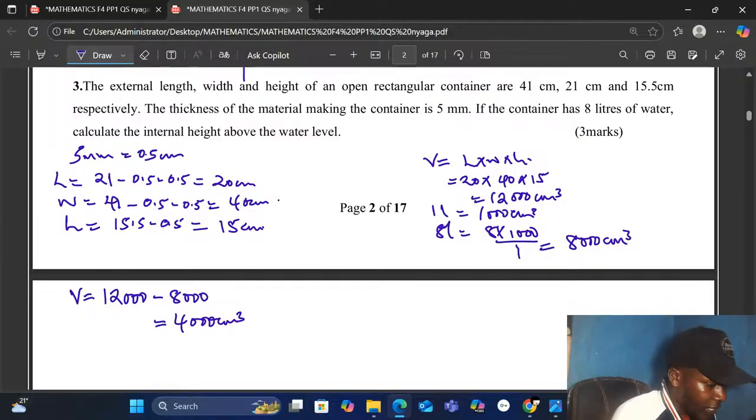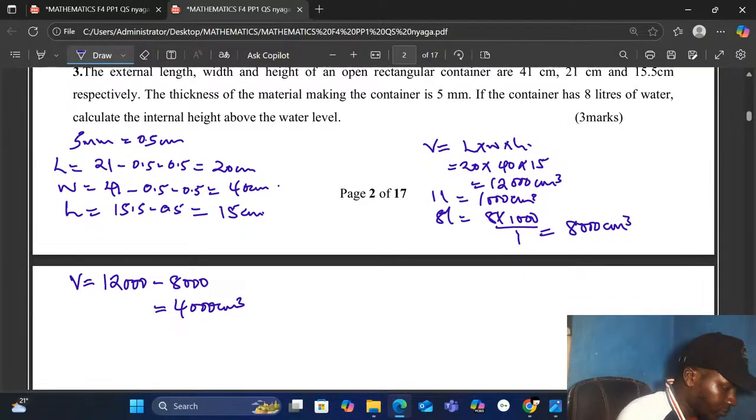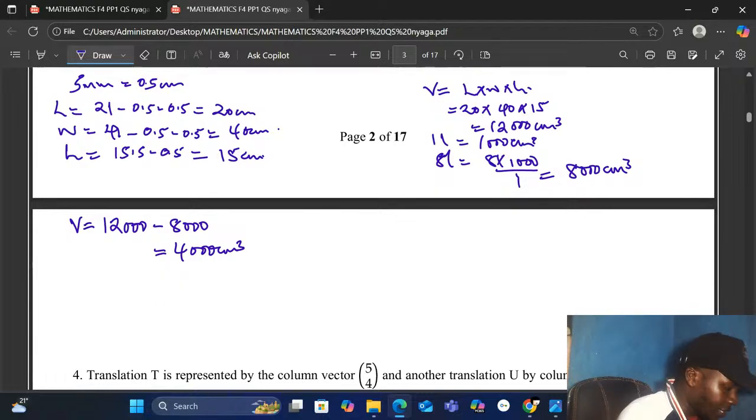Now they want us to find the remaining part that is not filled with water. The volume is now 4,000 cubic centimeters. We know the length and the width.